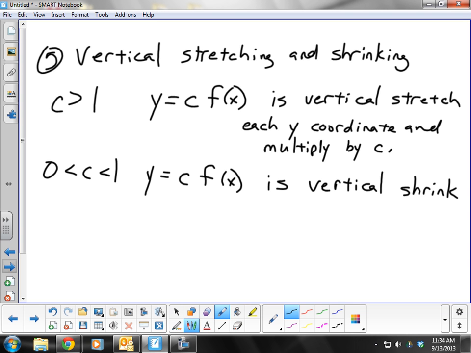But you still do it the same way, by taking each y coordinate that you have, and then you multiply it by c. It's just that you're multiplying by a fraction, so the y's are getting smaller. Not as hard as what it seemed like before, right? Not a hard thing at all.